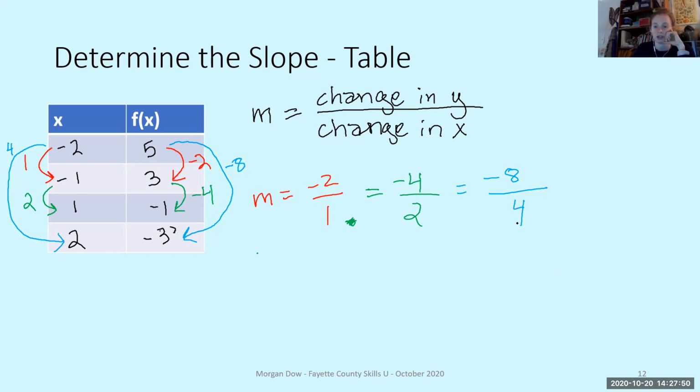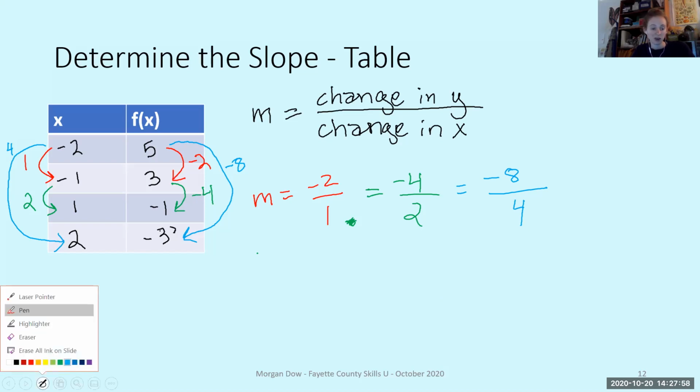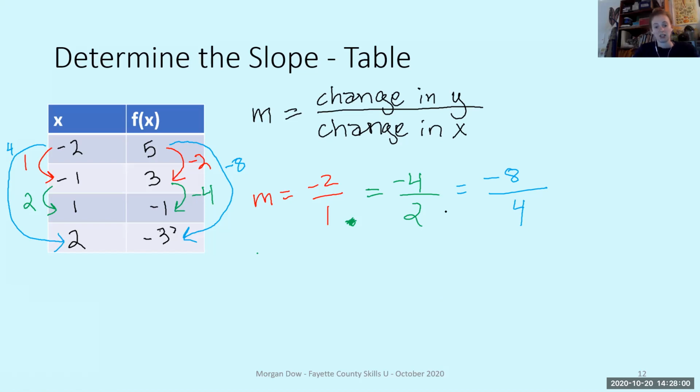All three of these ratios will reduce or simplify to -2/1, which we can then just simplify even further. We can call it -2. So this linear function has a slope of -2. It means each time we move over 1 in the x direction, we're going to go down 2 in the y direction. So down 2/1, down 2/1.